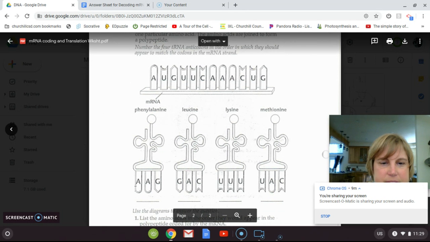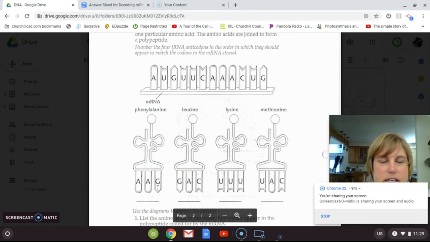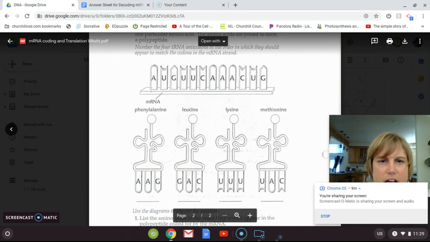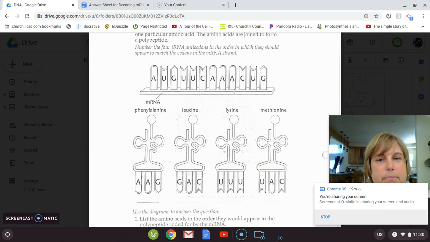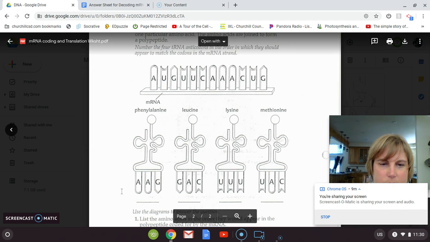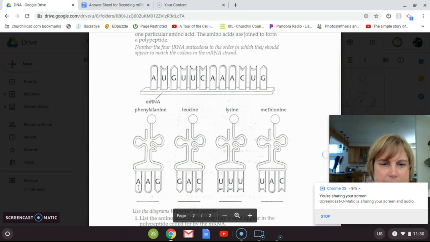So if I look right here, here's how you're going to do this one. You're like, oh, this is AAG. It's going to match up with a group of 3 in the mRNA. But which one will it match up with? Well, you can think of it this way. A would match up with U, because we can't have T in RNA. So this would be a U. This would match up with U, so I could actually write those in if I wanted.